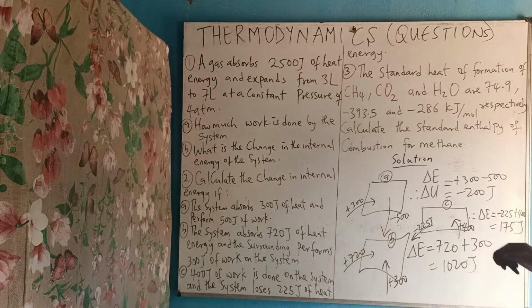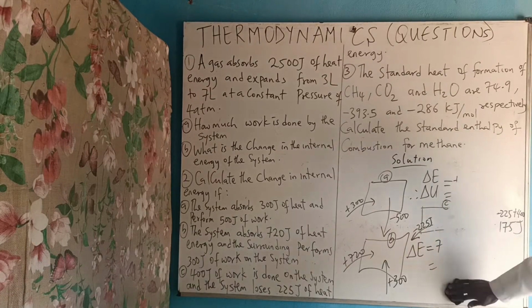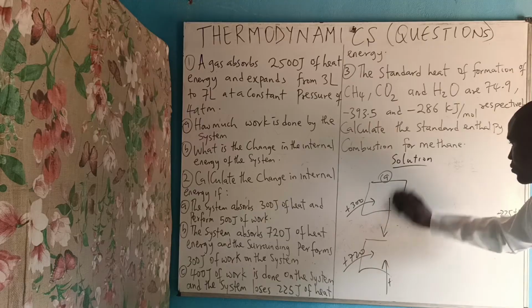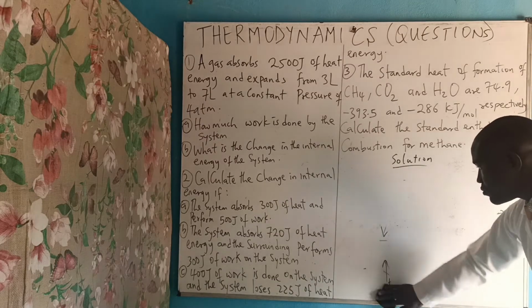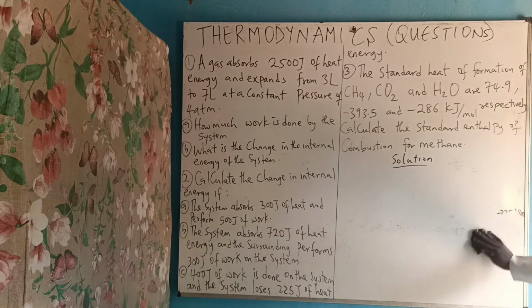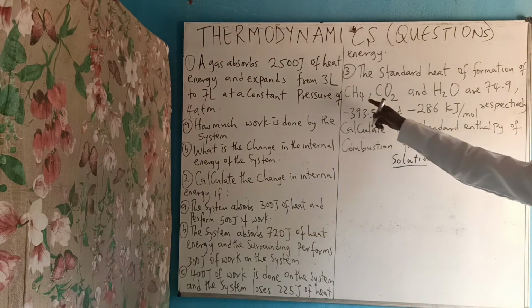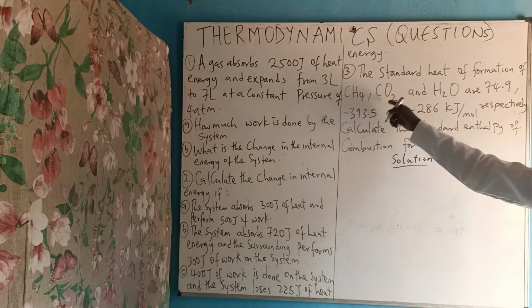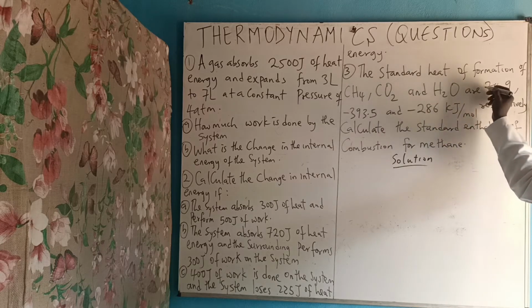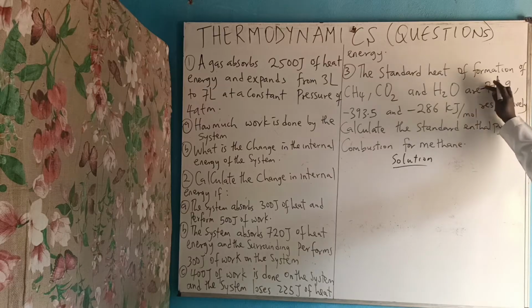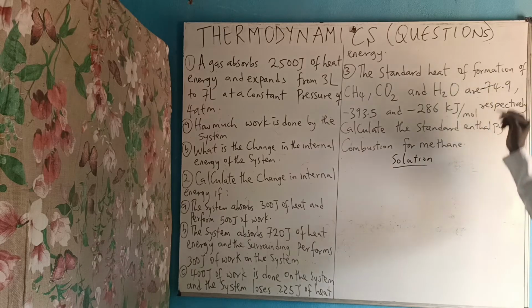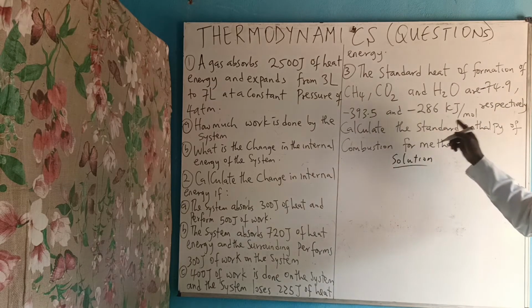We'll go to question number 3. The standard heat of formation of methane, carbon dioxide, and water are minus 74.9, minus 393.5 and minus 286 respectively.